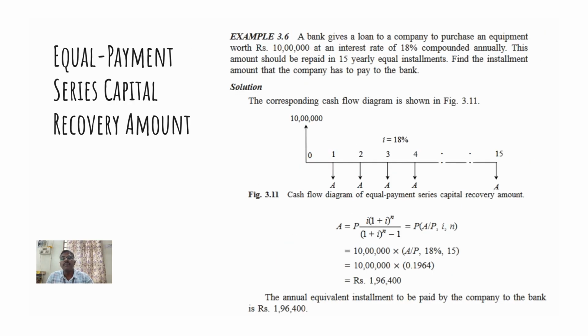Let's see one example, right? A bank gives a loan to a company to purchase equipment worth rupees 10 lakhs at an interest rate of 18 percent compounded annually, and this amount should be repaid in 15 years in equal installments.